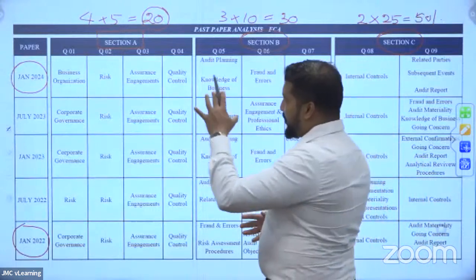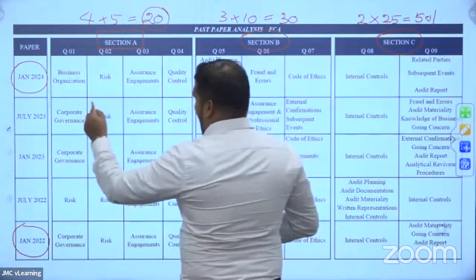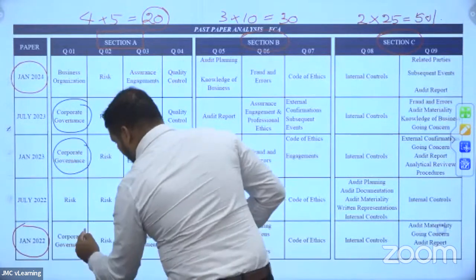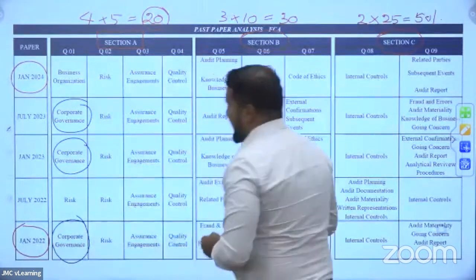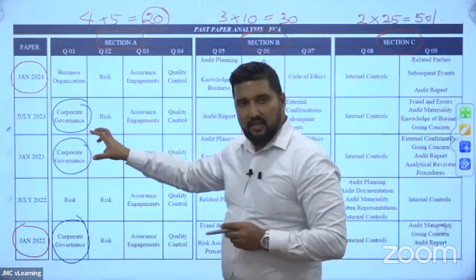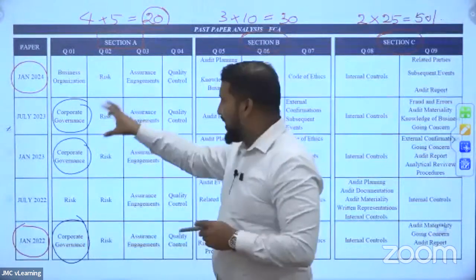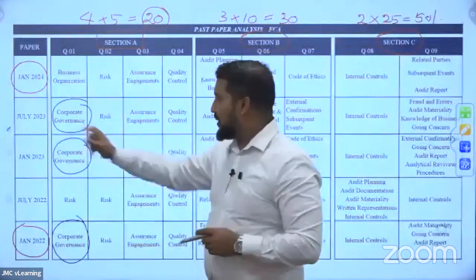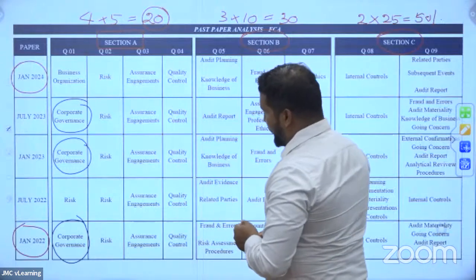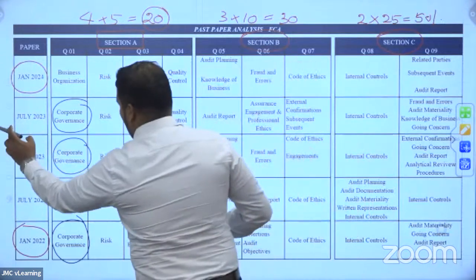In question number 1, most of the time corporate governance has been tested, so high attention needs to be devoted to corporate governance in the upcoming paper as well.